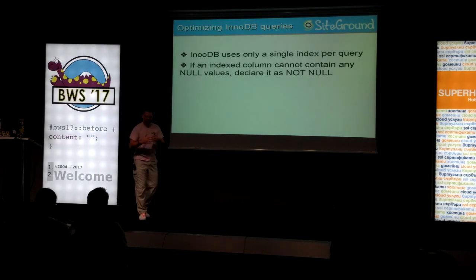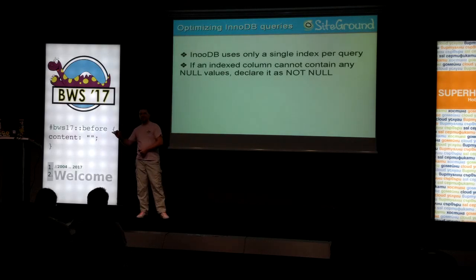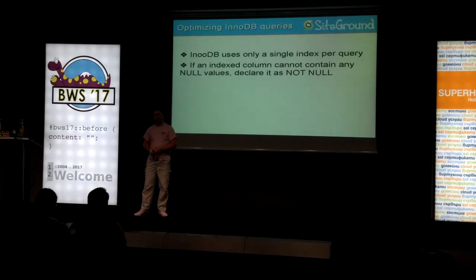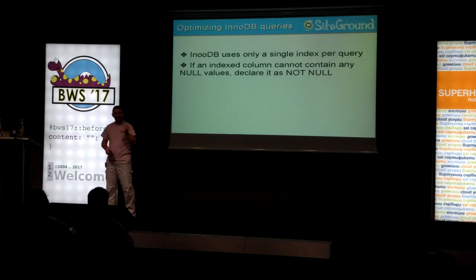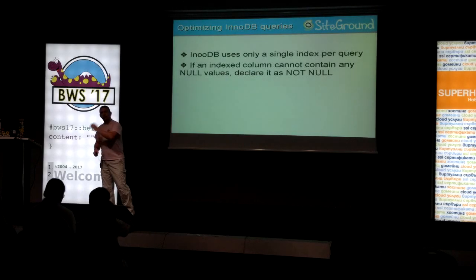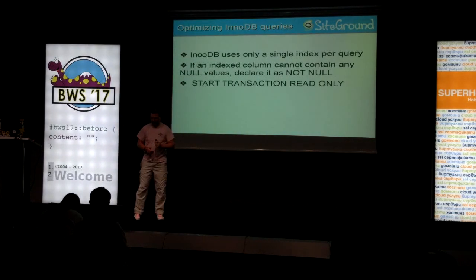Because if the optimizer knows that you have nulls in a certain column and you don't have nulls in another column, the column that doesn't have nulls may be optimized out simply because other rules of your where statement dictate that it's not possible to have both nulls and non-nulls in your result set.